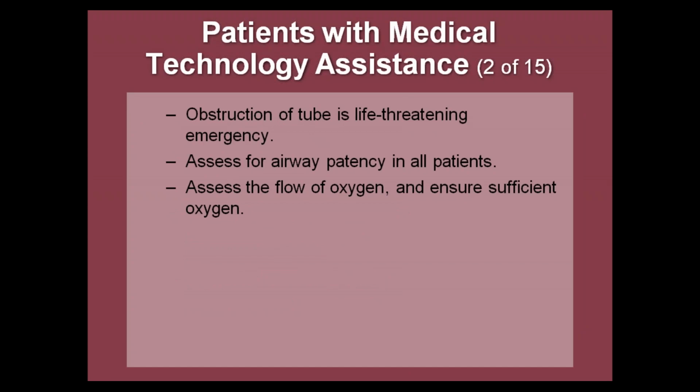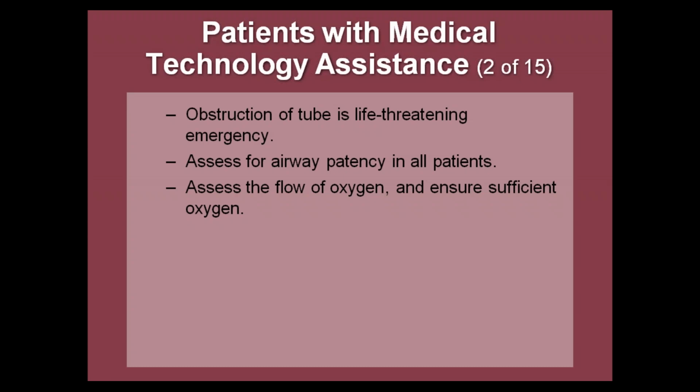I'm sorry. So obstruction of the tube is life-threatening for these patients. Use the DOPE mnemonic for helping clear these airways and assessing these patients. Make sure you do a good job assessing the patency in the airway, and assess the flow of oxygen and ensure sufficient oxygen. Sometimes these patients are able to breathe normally on room air. Some have supplemental oxygen, with a trach mask, obviously, that would go over that opening.